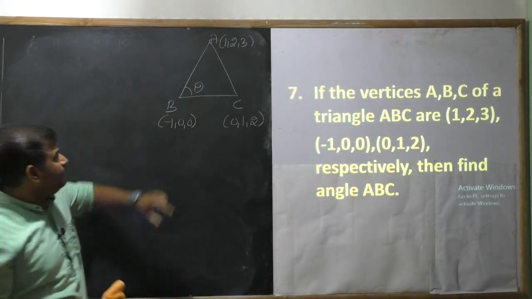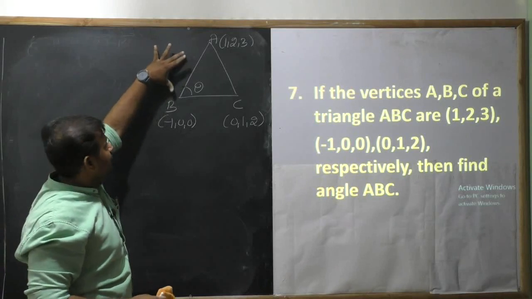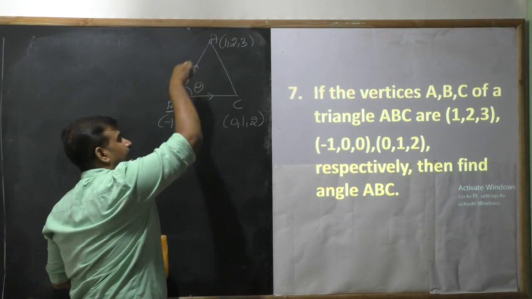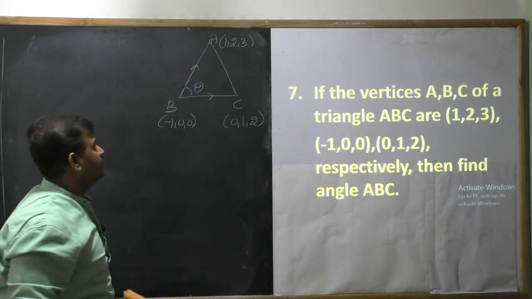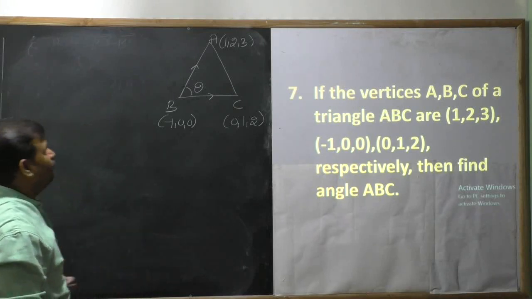So clearly this theta is the angle between two vectors. What are those two vectors? That is vector BA and vector BC, we can say, children. This theta is the angle between two vectors, vector BA and vector BC. So clearly we know the formula.